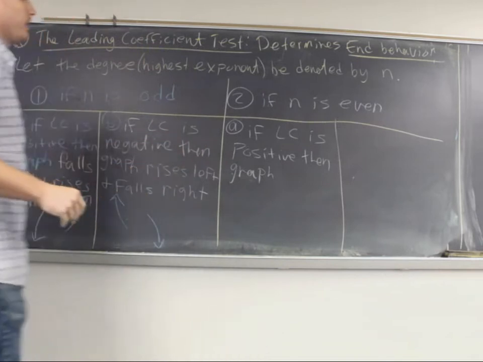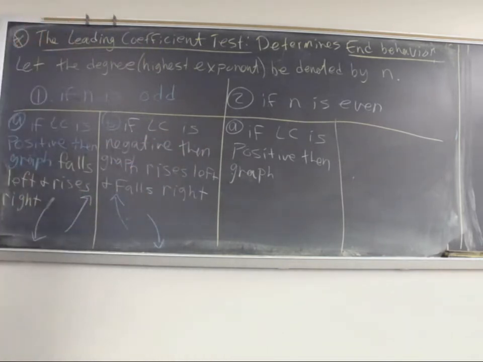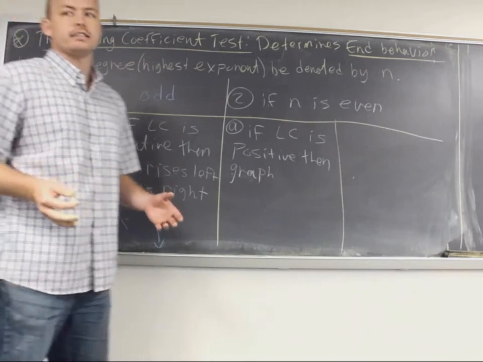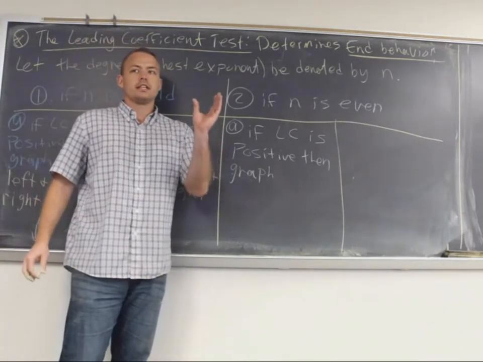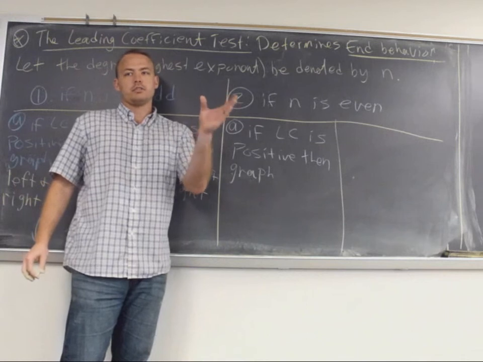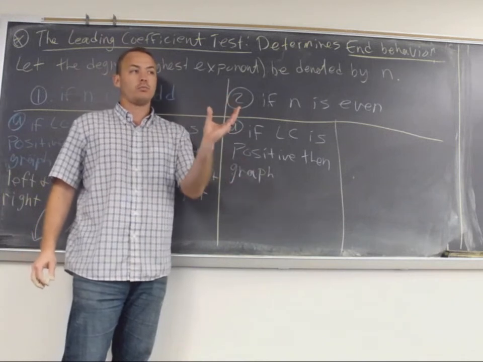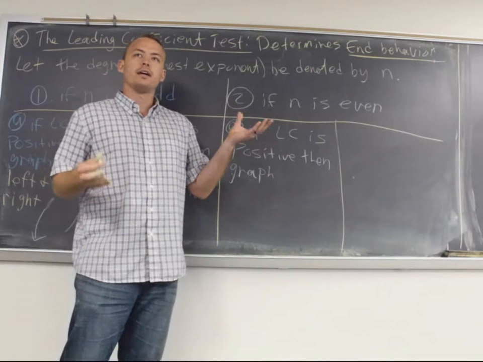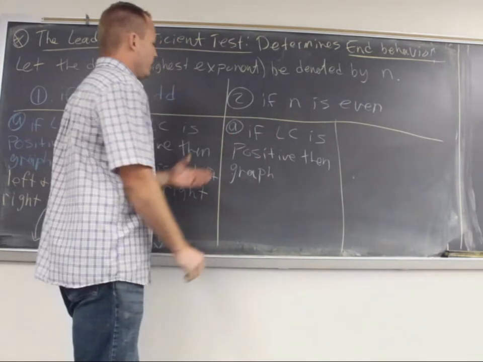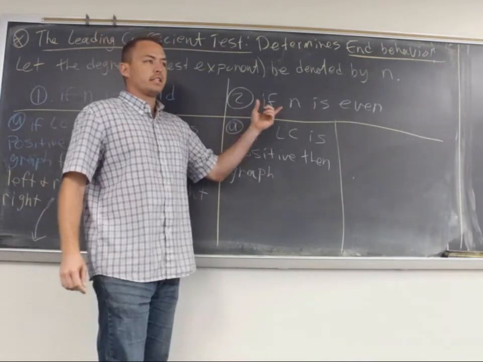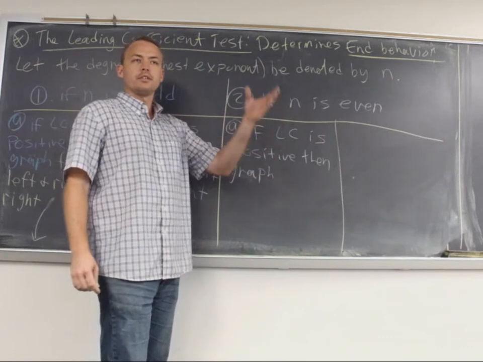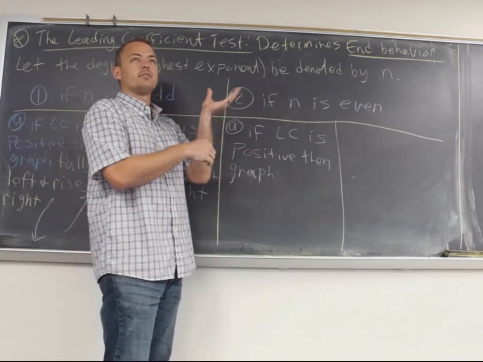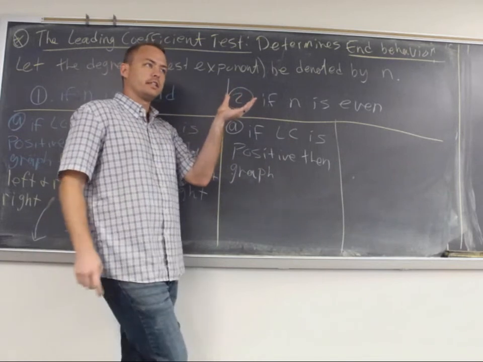let's think about, you can do this one. Let's think about our quadratics. If we have a quadratic, that means its highest exponent is 2, and it looks like an upward cup or a downward cup. And then we just have to worry about what A is. So if it's even, like the x squared, we know they're both going to go up or down, and then we determine if it goes up or down by A, which is the leading coefficient.